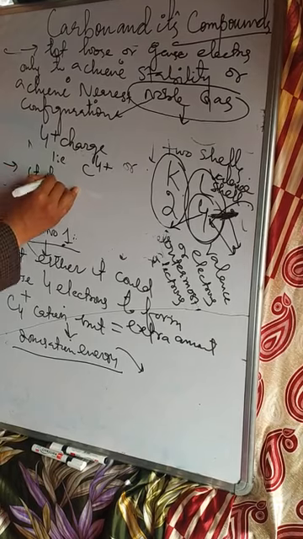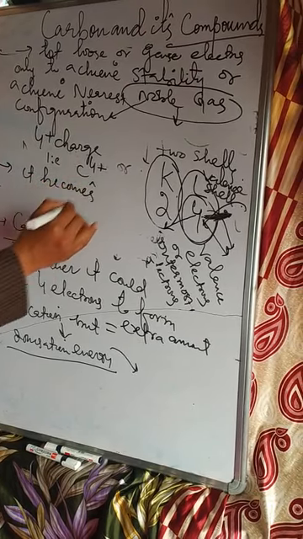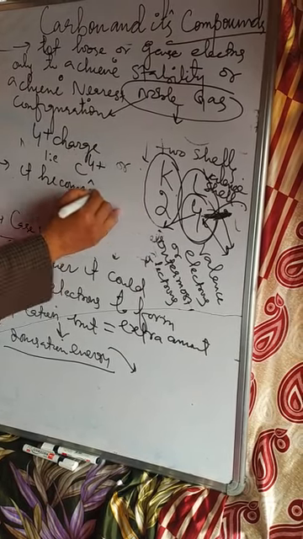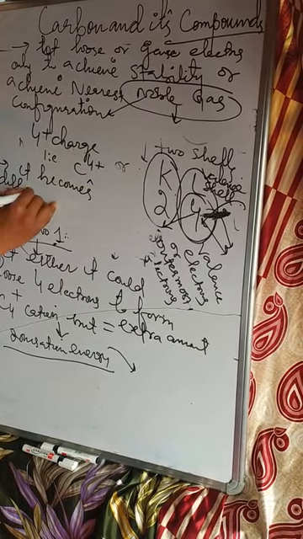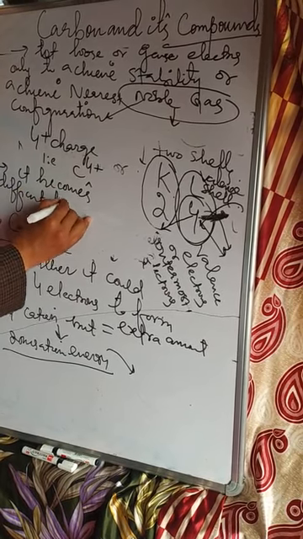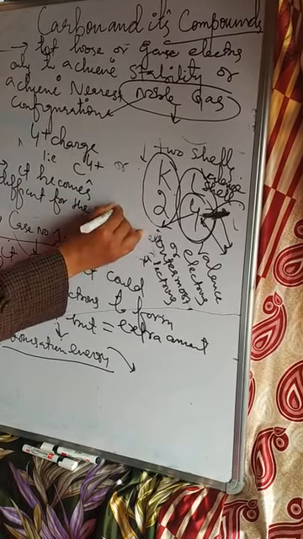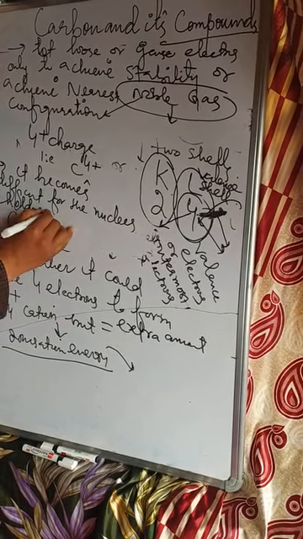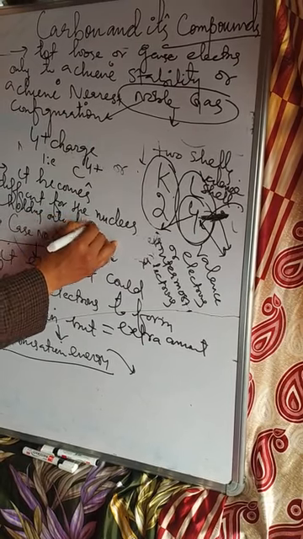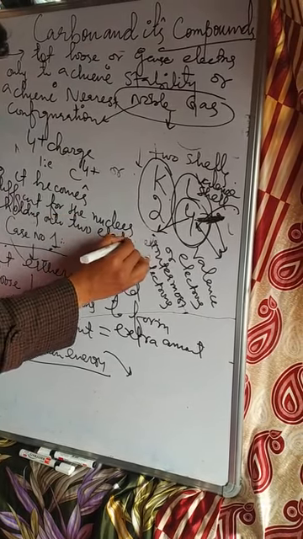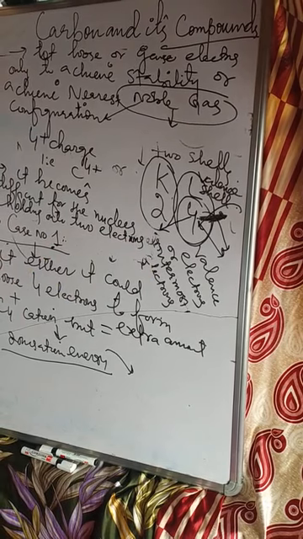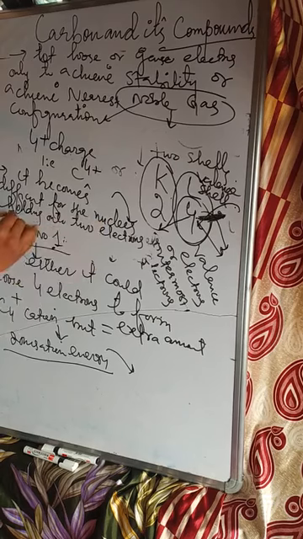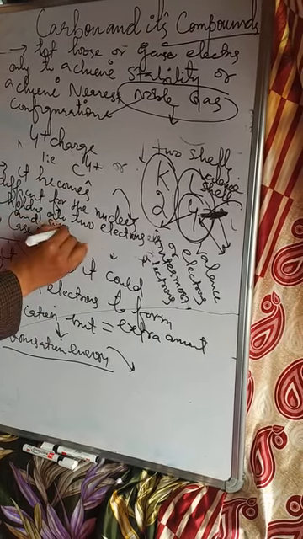The second problem with this carbon is that it becomes difficult for the nucleus to hold on to 2 electrons with only 6 protons.